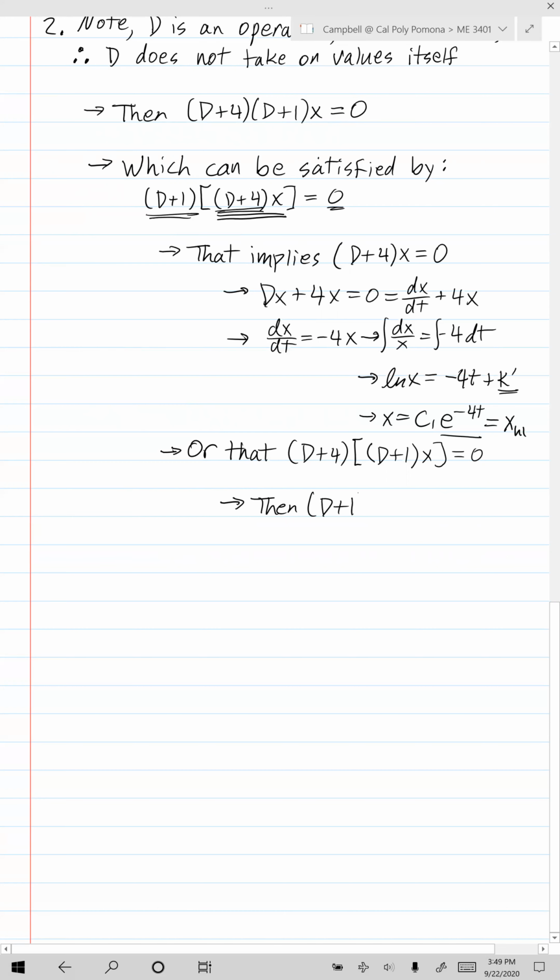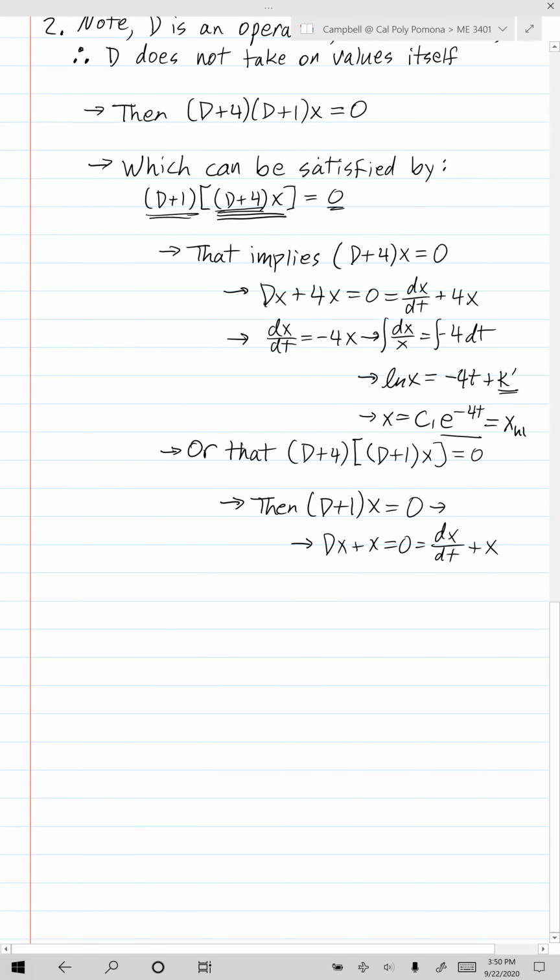D plus 1 times x is equal to 0, which then gives us, when we multiply that out, D x plus x is equal to 0, which gives us dx dt plus x.